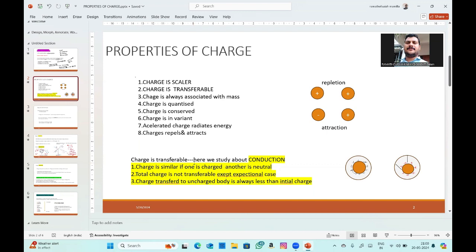But in some exceptional cases, here I have given an example: a charged body enclosed by a conductor, or a charged body connected by a connecting wire to an uncharged body. So there is a possibility to transfer the full charge.